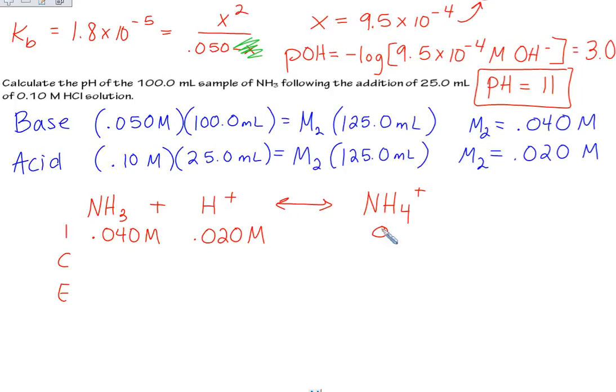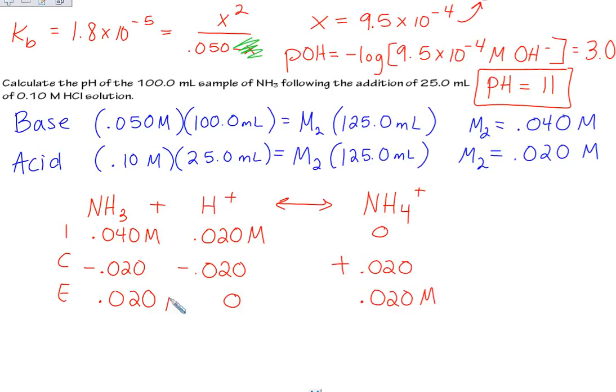It should be the one that's smaller, in this case, the hydrogen. Let's get rid of it. We'll bring it down to 0. Everybody else reacts accordingly. So this is going to go down by 0.02, so that'll be 0.02. And this is going to go up to 0.020. And you could put these in as molar solutions if you wanted to.